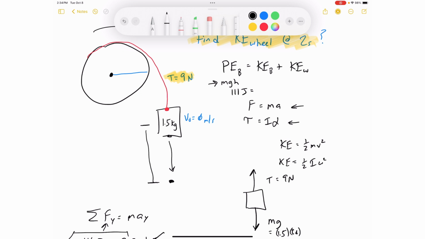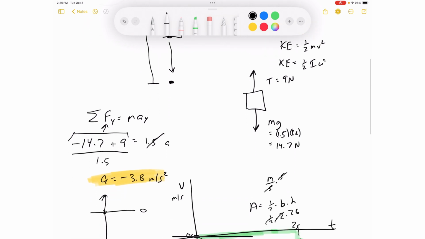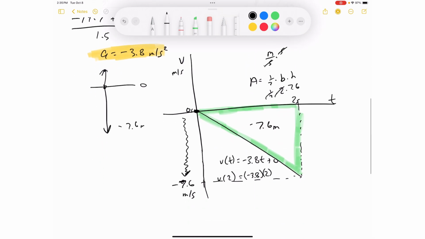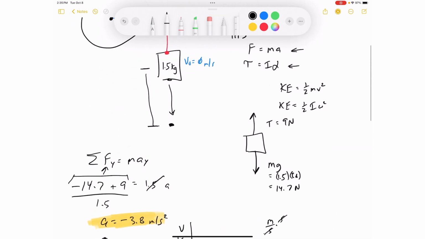It's 1/2 times mass, which is 1.5, times v squared, and the velocity at 2 seconds. Remember, the kinetic energy is changing every second. As the block gets faster and faster, its kinetic energy is always changing, and its potential energy is changing too. But at 2 seconds, it's going 7.6 meters per second.